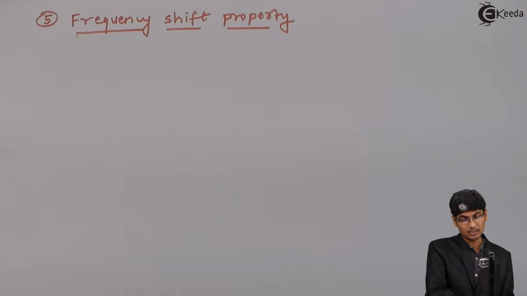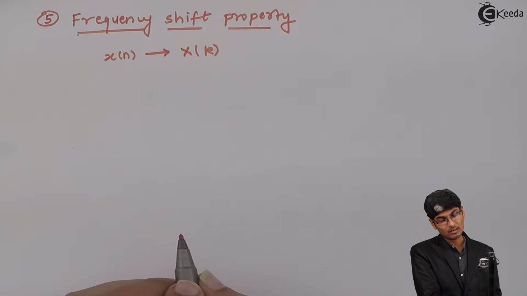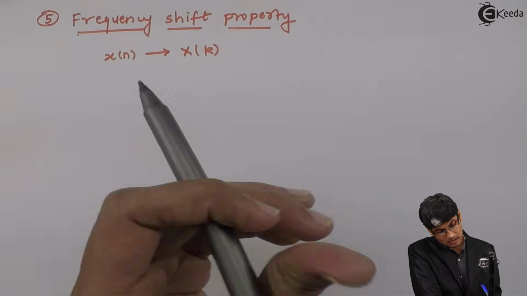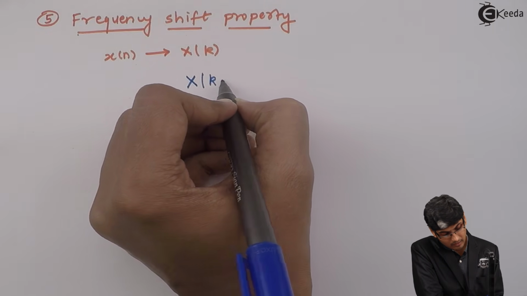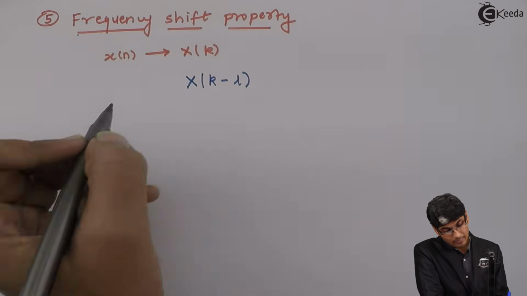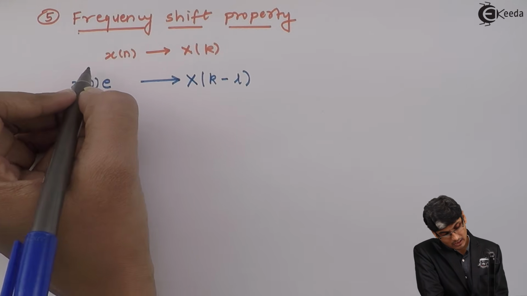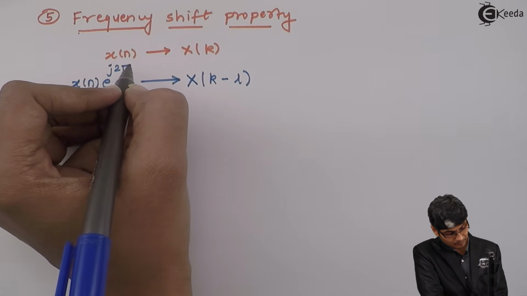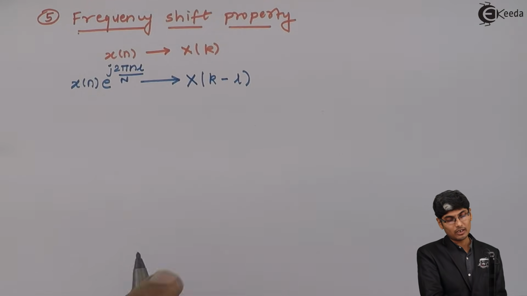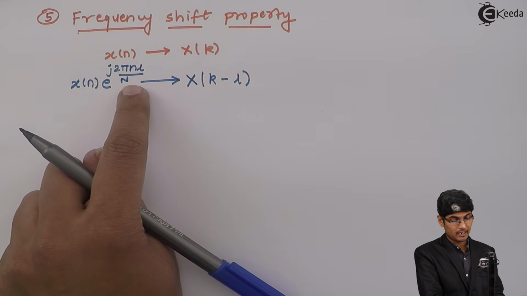For the frequency shifting property, if I have x of n as an input whose DFT is x of k, and suppose I shift k by L factors, then x of n will get a phase factor of e raised to j 2 pi n L by N. So if I shift the frequency, it is as good as multiplying by a phase e raised to j 2 pi n L by N.